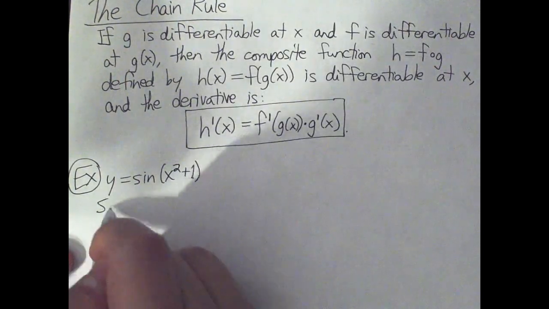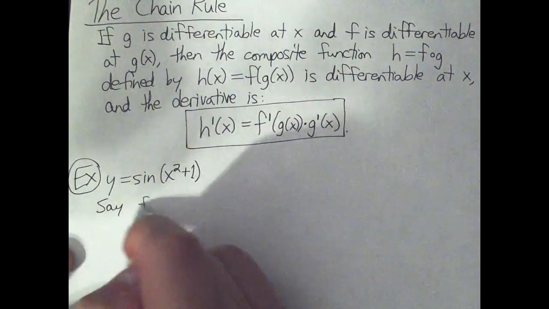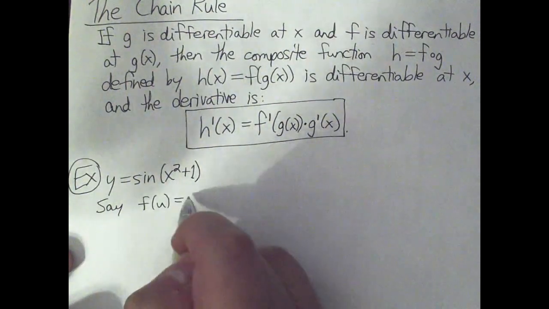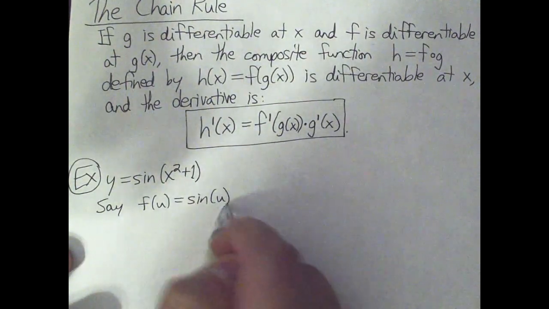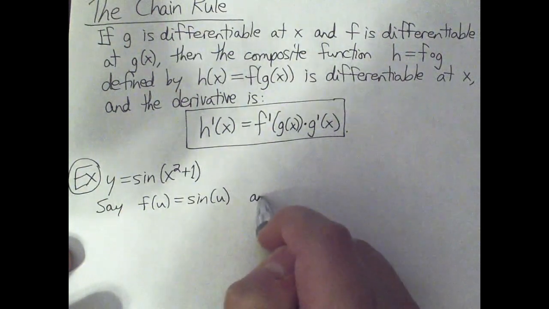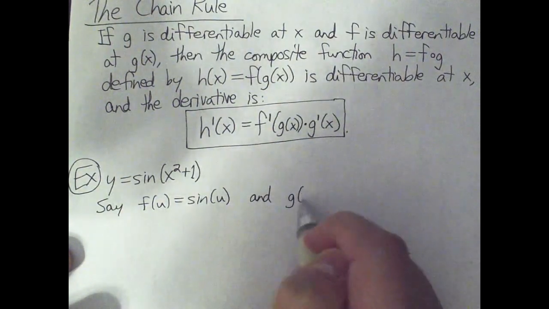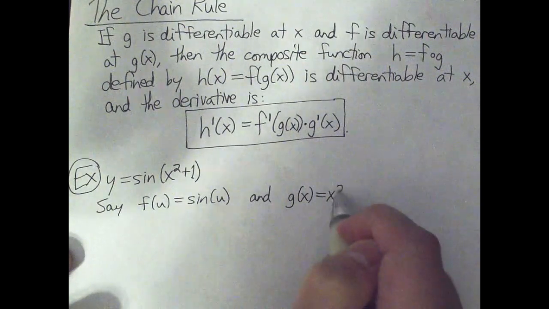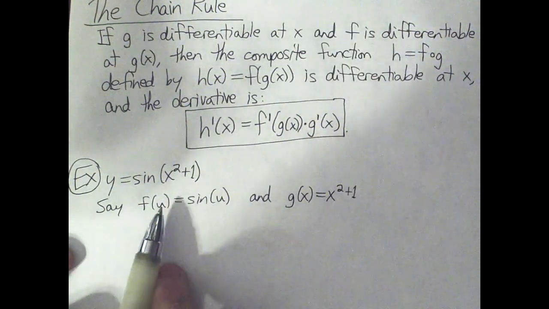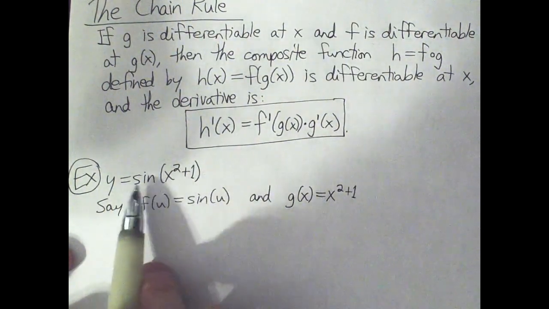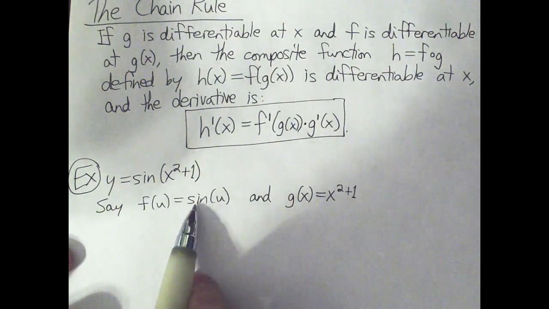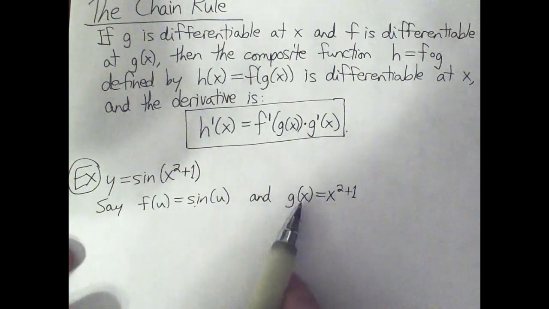I'm going to solve this by introducing f of u, like we did above, and g of x, like we did above, where I'm figuring out, for this problem, what is the outer function and what is the inner function.